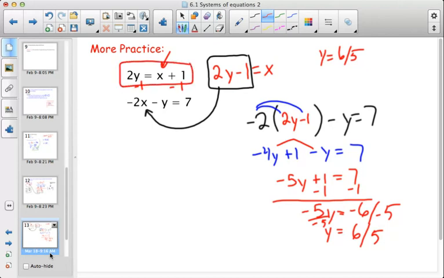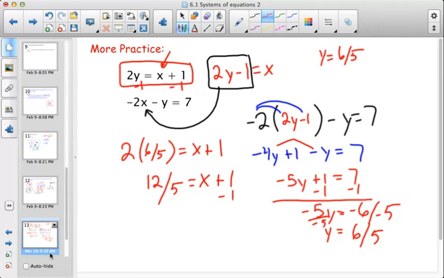2y equals x plus 1. And I would get 2 times 6/5 is equal to x plus 1. Double 6/5 gets me 12/5 equals x plus 1. And when I subtract 1 from this and subtract 1, I'm going to write that as just 5/5, which is the same as 1.